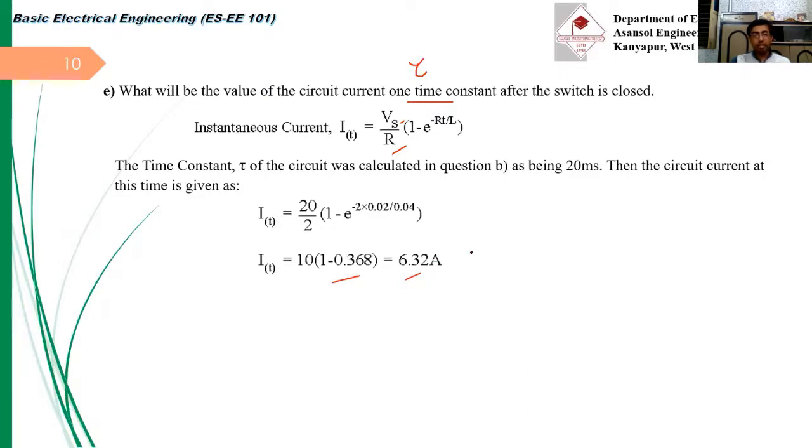It is simple. Just remember the formulas of i(t) and v(t). VL is V into e to the power minus t by tau. What is the value of tau? Tau equals L by R.